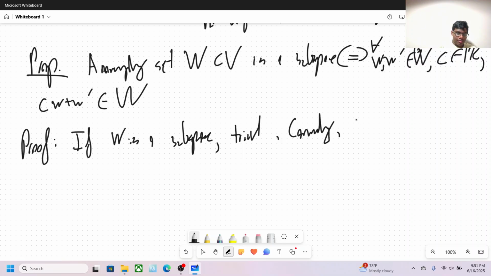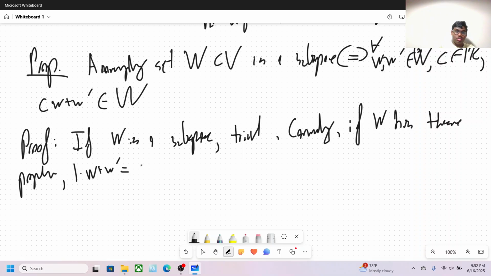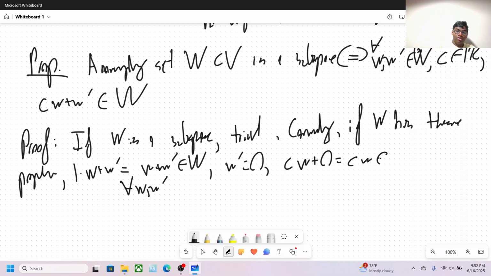Conversely, if W has these properties, then choosing c equals 1, we have 1 times w plus w prime equals w plus w prime in W for all w prime, showing closure. And taking w prime equals 0, cw plus 0 equals cw in W by this rule tells us that we're closed under scalar multiplication, and hence we're done.